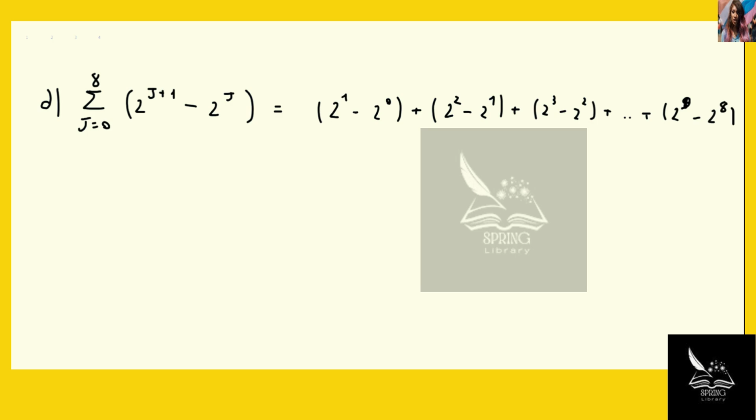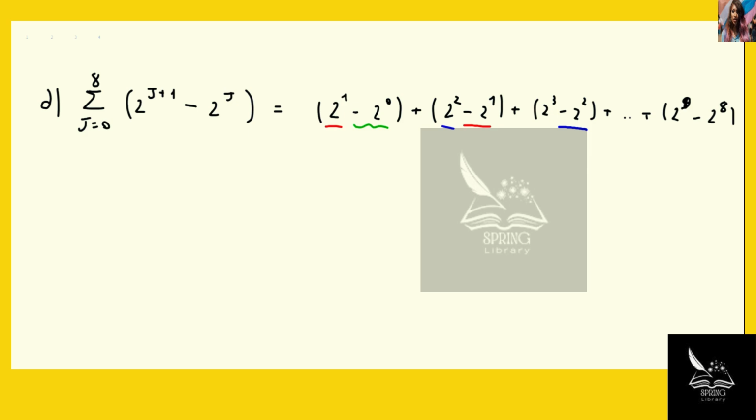But now observe that we have this first one here that's just there, and then we have 2 to the first, which is cancelled out by this other 2 to the first. Then we have this 2 to the second, which is cancelled out by this other 2 to the second.